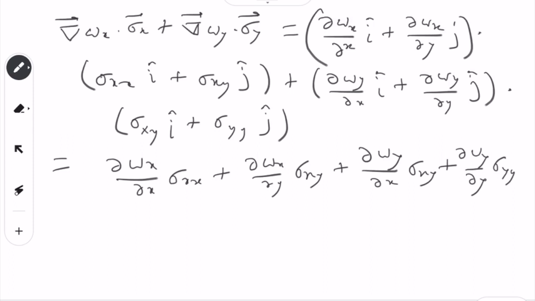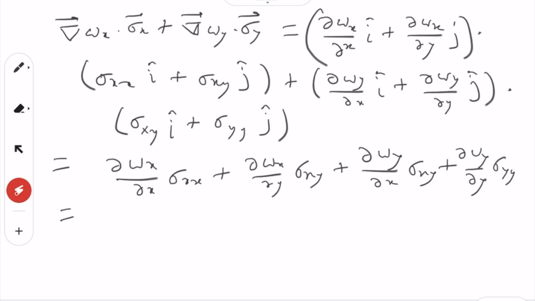So what do we see here? We have sigma xx, xy, xy, yy.